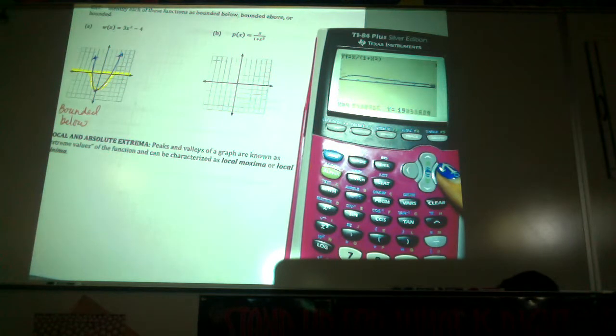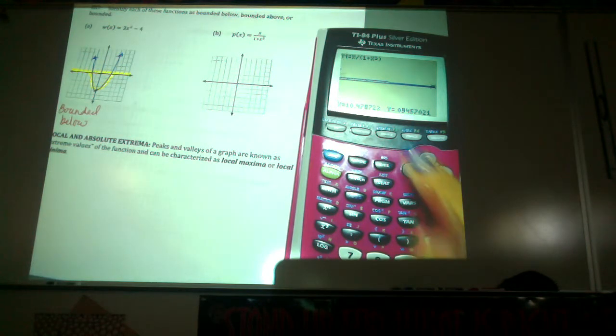Do you think it's ever going to cross the x-axis? What's happening to y? It's getting smaller and smaller and smaller, but is it ever actually getting to 0? You're waiting for it. You believe it's going to cross, don't you? It's not. So I'm going to stop. So I'm going to zoom standard.